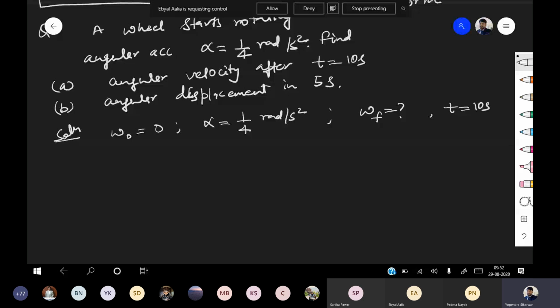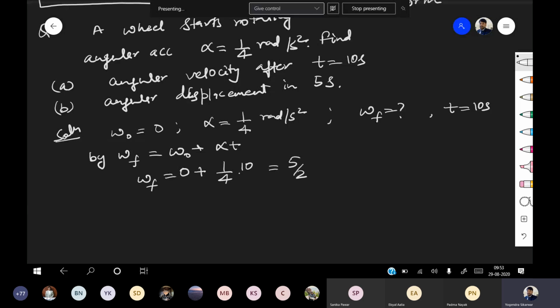T is equal to 10 seconds. So by omega final is equal to omega naught plus alpha t, omega final is equal to 0 plus 1 by 4 into 10, and that will be 5 by 2 radians per second. Alright, so this is A part.